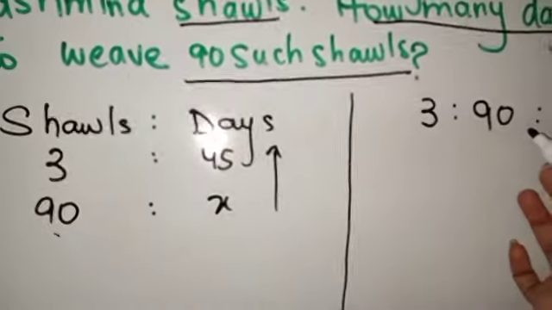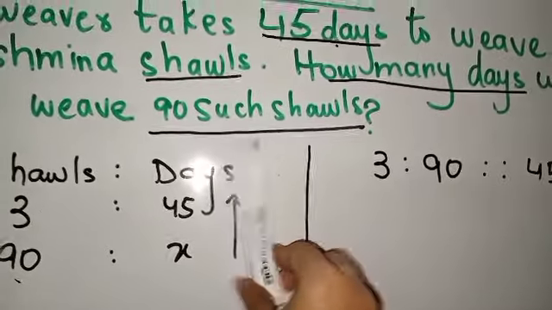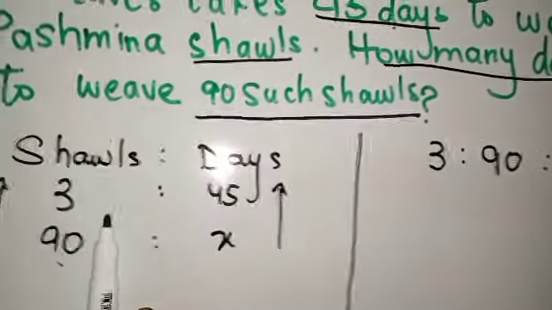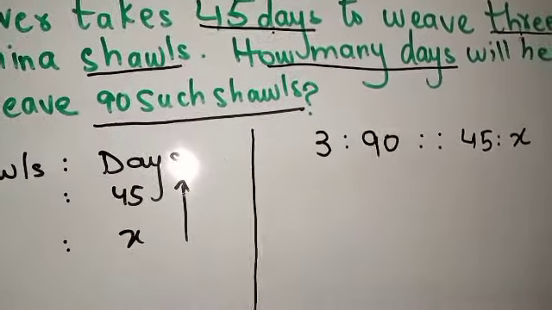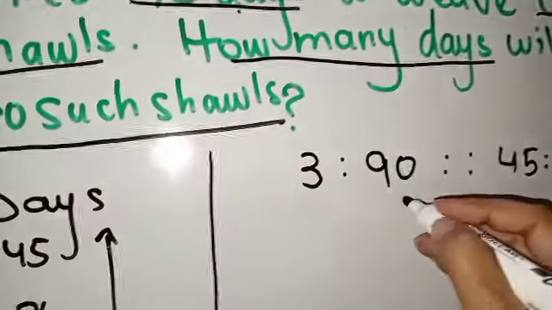So 3 is to 90, 4 dots, 45 is to X. I am comparing shawls with the number of days it will require to weave. Now look carefully.